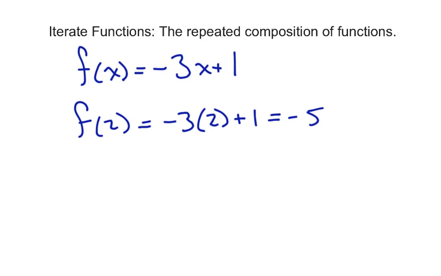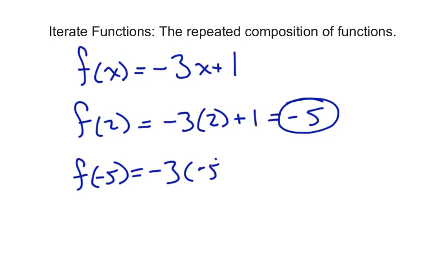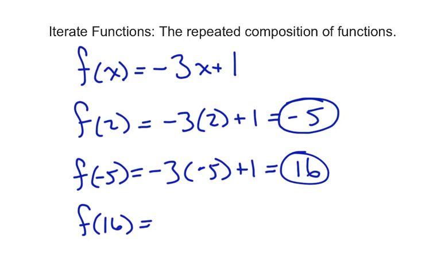Then, in order to find the next iteration, I'm going to take that -5 and plug it into the same equation. And here we'll get 16. So the third iteration is going to be f of 16, and so on.